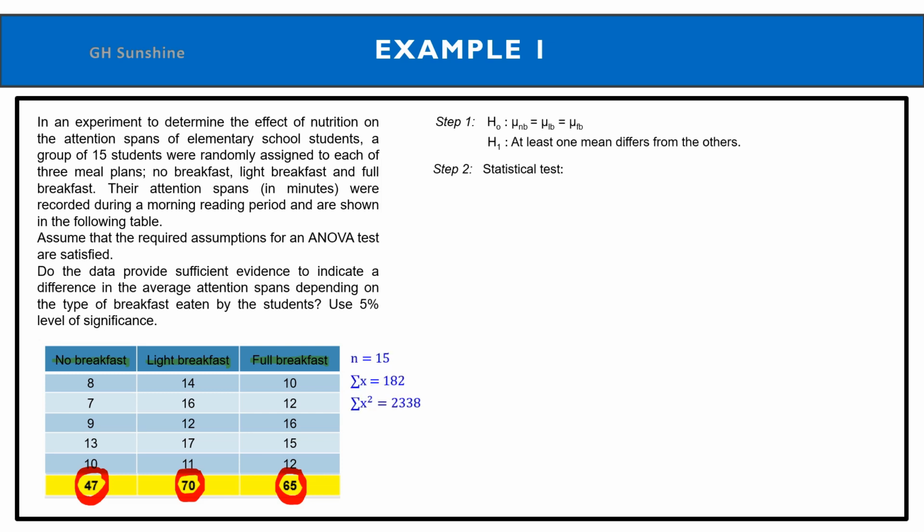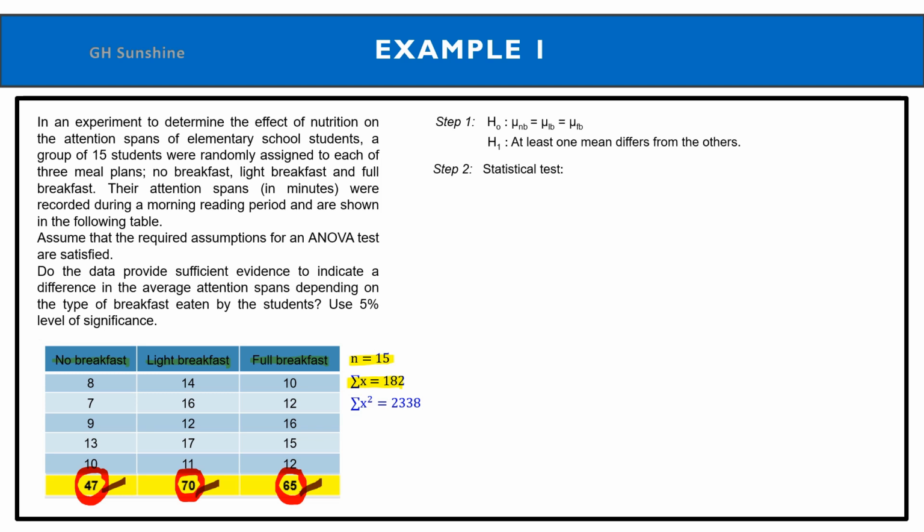Second, n equals 15, which means the sample size or number of data is 15. Then the sum of xij equals 182. The 182 is calculated from 47 plus 70 plus 65 equals 182.